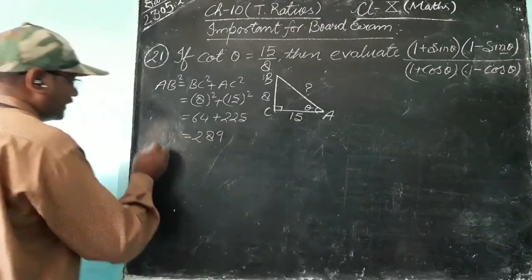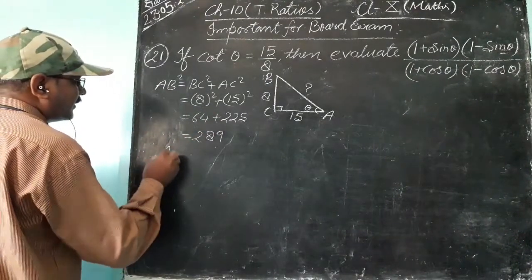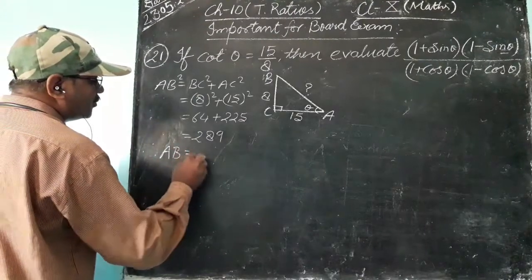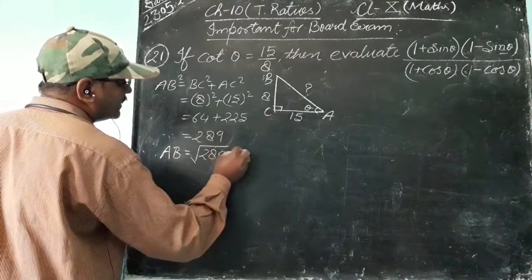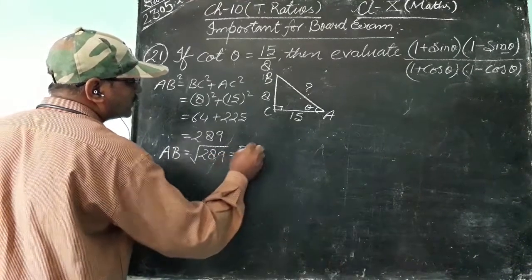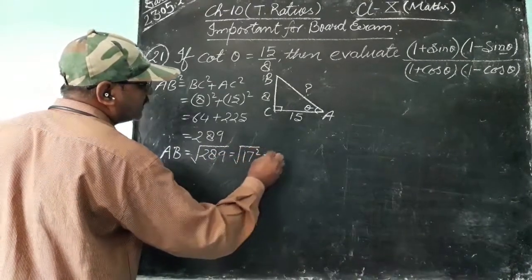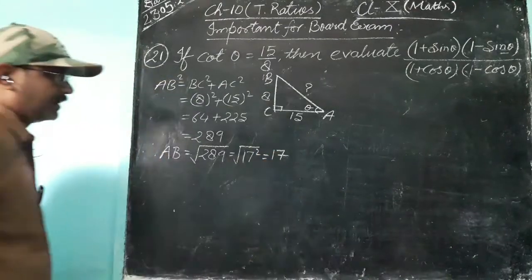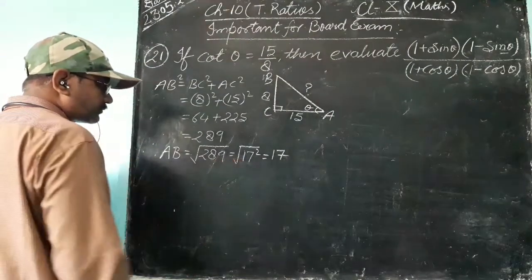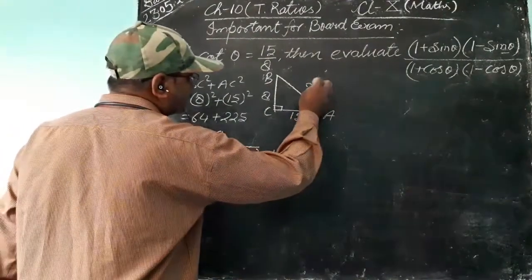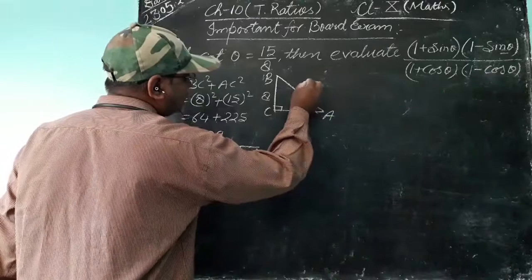Clear students? Therefore AB is equal to under root 289, which is 17. Clear students? Then the hypotenuse will be 17.